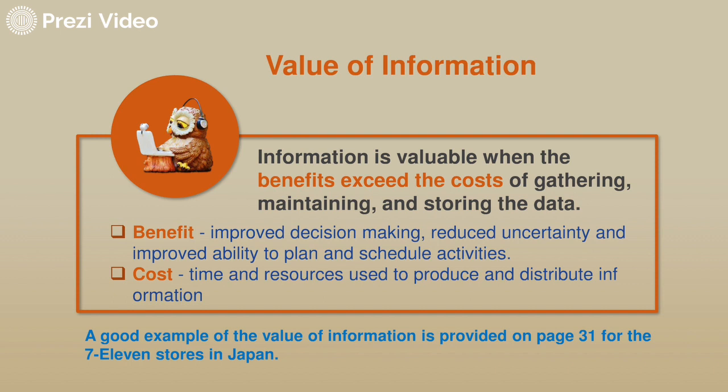But normally the benefits and the cost are quite difficult to quantify, and it is also difficult to determine the value of the information. Nevertheless, the expected value of the information should be calculated, so that they know the investment they make to process data into information is worth it.